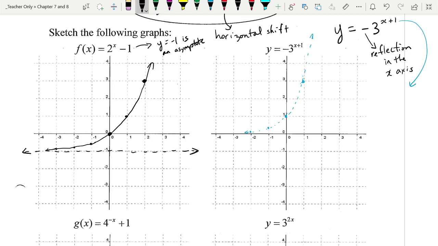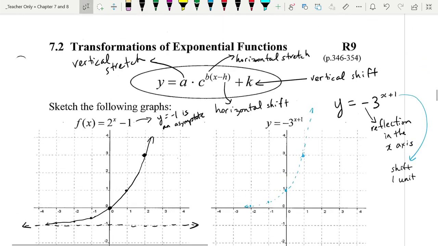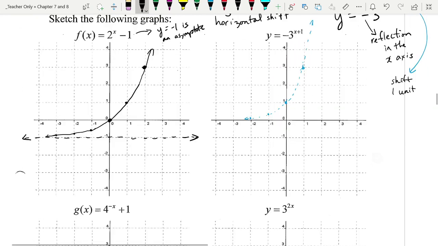What does the opposite rule say here? Shift 1 unit. Look at the formula even. That's a minus h, which means this is minus -1. Good. This shifts, whoops, 1 unit left. So take this number here, reflect it in the x-axis, then shift it 1 to the left.